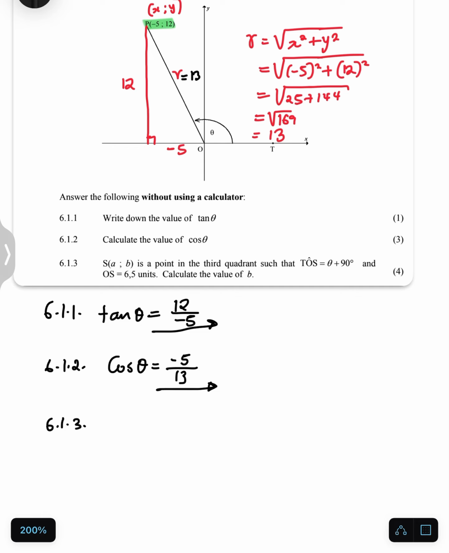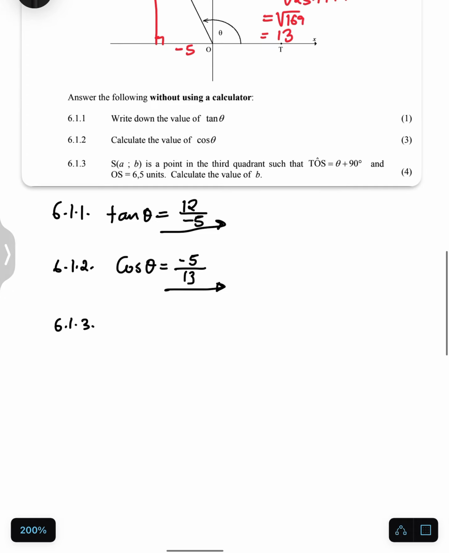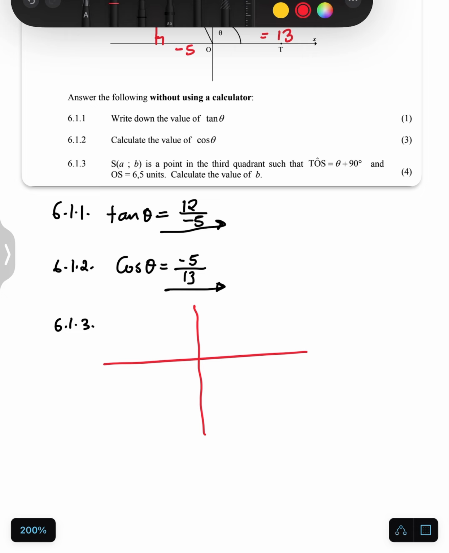So I'm just going to draw the diagram that represents 6.1.3. Okay, so 6.1.3, if you draw the diagram, this will be the diagram. So I'm just going to draw a rough sketch of that. So we have here a third quadrant.